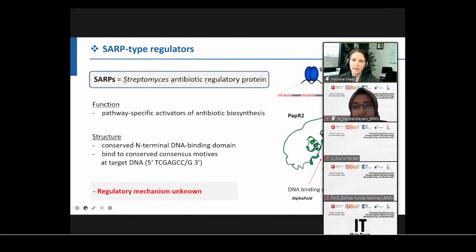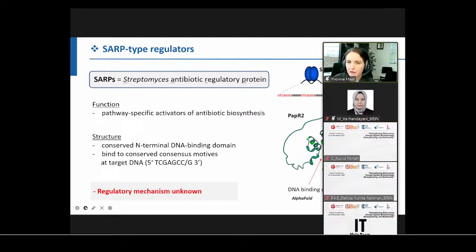So having that in mind, we had a closer look into this kind of SARP subtype regulator families in general. In literature, they are described as Streptomyces antibiotic regulatory proteins. They are known to act as pathway-specific activators of antibiotic biosynthesis. And all of them contain a conserved N-terminal DNA binding domain.